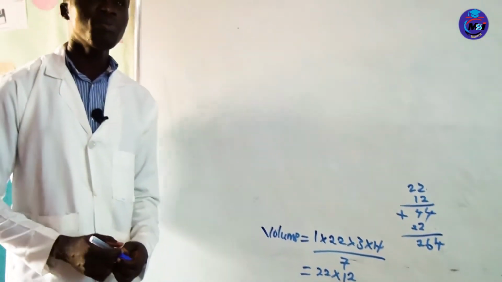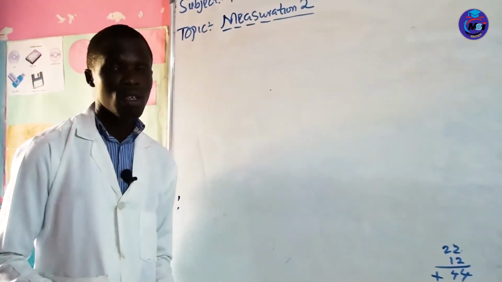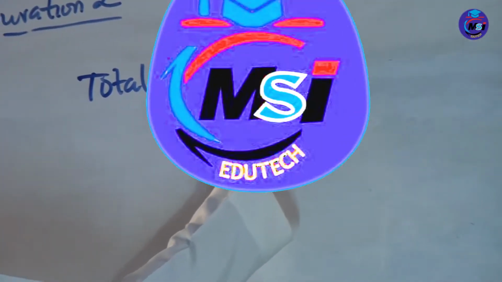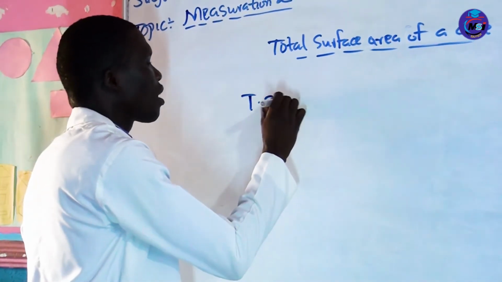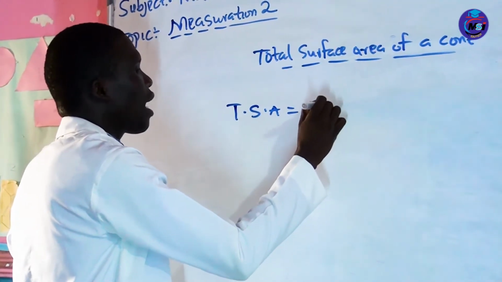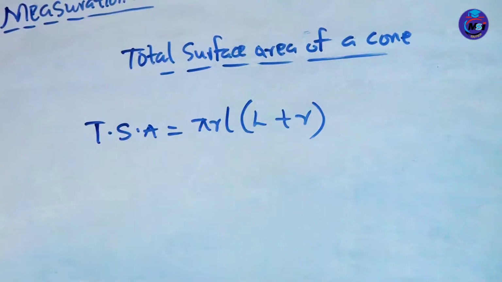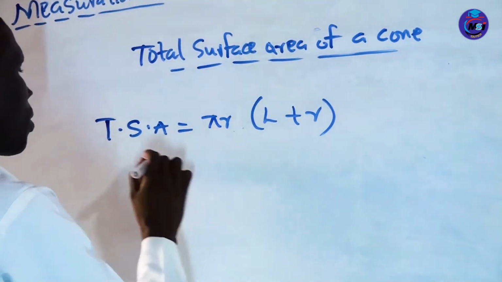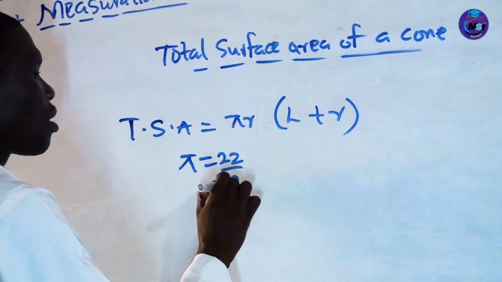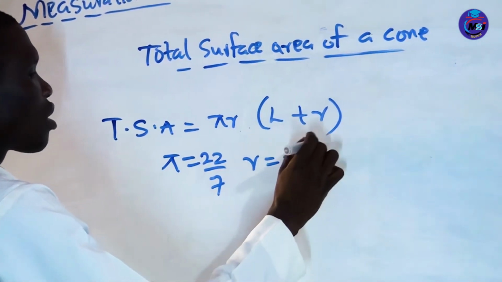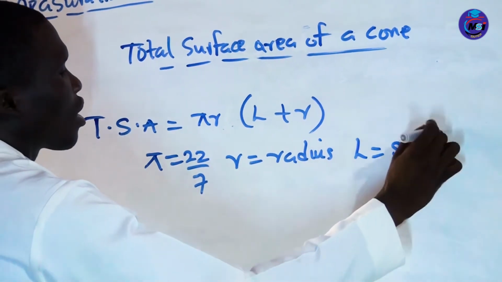Now let's go to the last part of this topic, and we are considering curved surface area. To find the total surface area, the formula is pi R L over L plus R. Now pi is 22/7, R is radius, and L is slant.